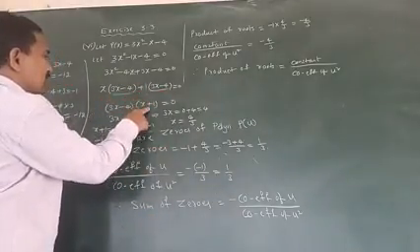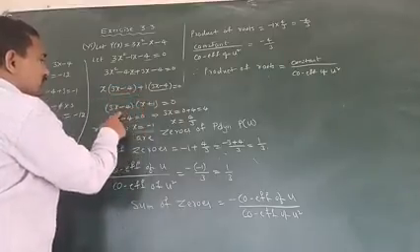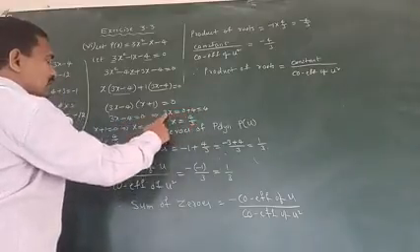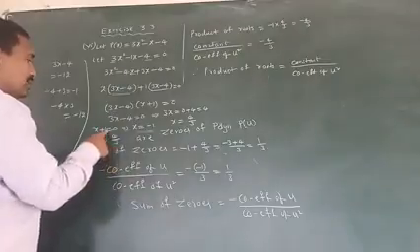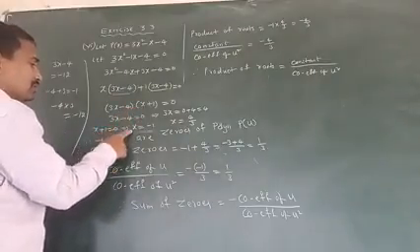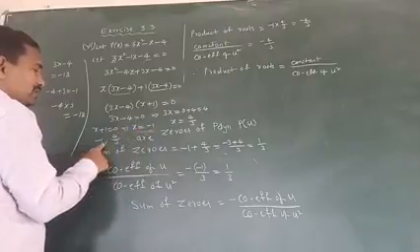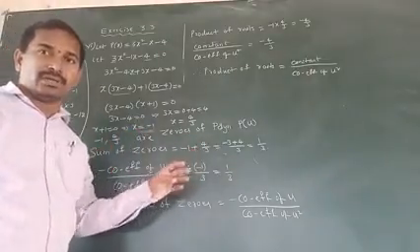What is the remaining factor? x plus 1. So 3x minus 4 equals 0, that is 3x equal to 4. x equals 4 by 3. Next, x plus 1 equals 0, that 1 transposes to the right side, minus 1. So minus 1 comma 4 by 3 are the zeros of the polynomial.